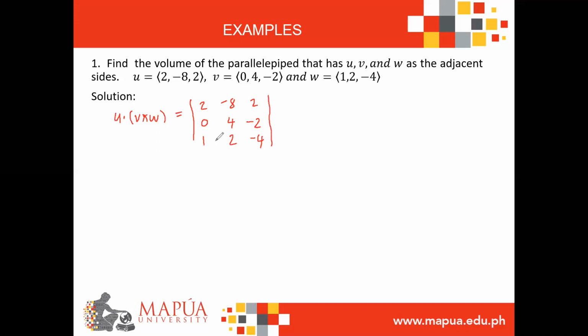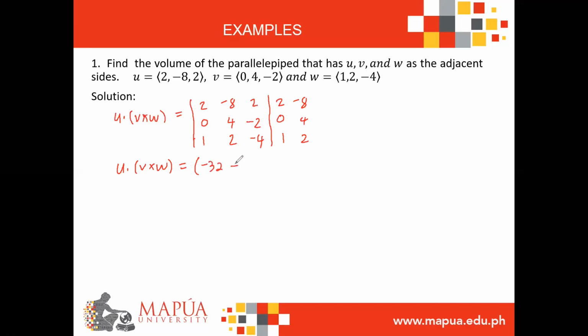So we can apply the Basket method. By copying the first two columns, we have 2, 0, 1, then negative 8, 4, 2. So with that, we have u dot v cross w equal to, let's get the determinant using the Basket method. We have 4 times 4 is negative 16 times 2, so that's negative 32.